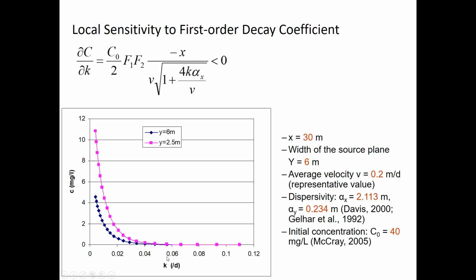If k is too big, you will have 0 concentration at this location, x equal to 30. That means all the nitrate is consumed for x less than 30.